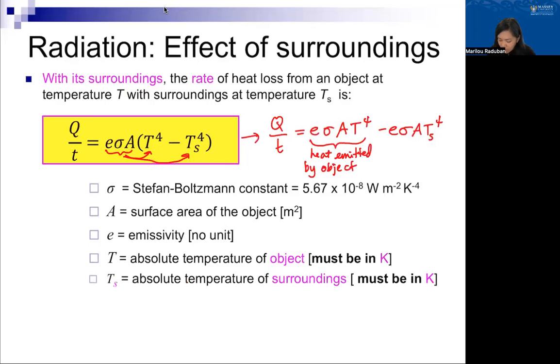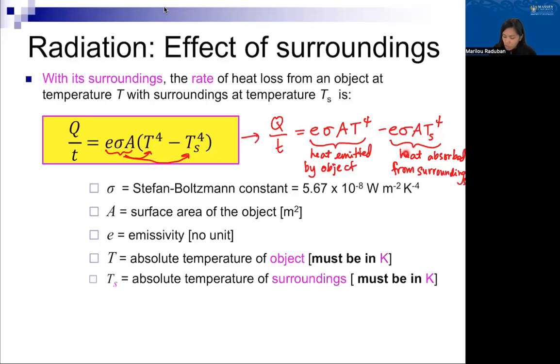And the second term is the heat absorbed from the surroundings. So the total heat lost is a combination of the heat emitted by the object minus the heat that the object absorbs from its surroundings.